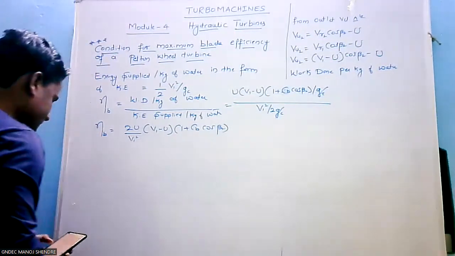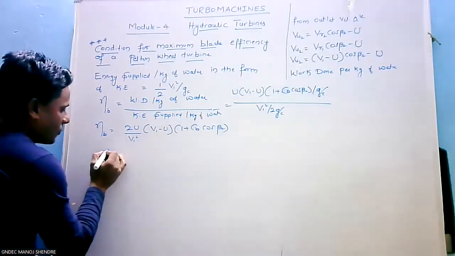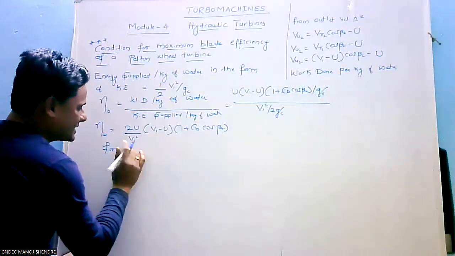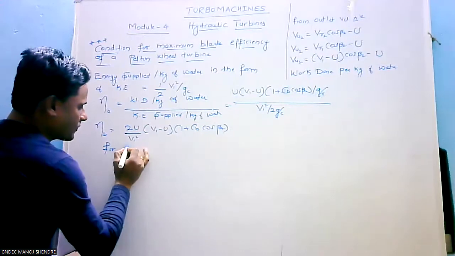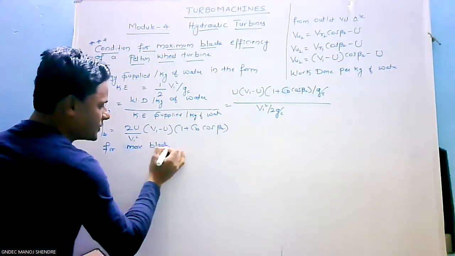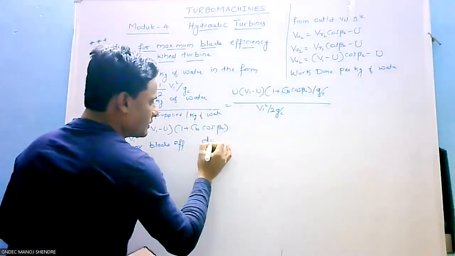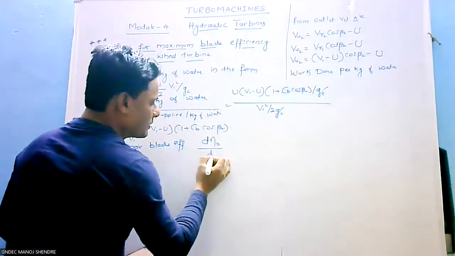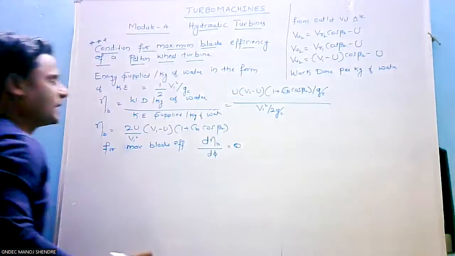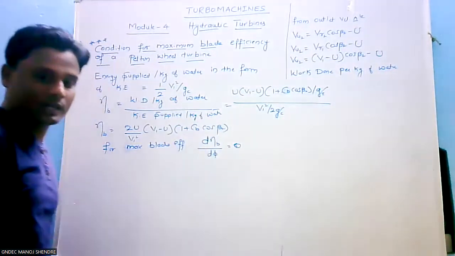Now here, for maximum blade efficiency, the differentiation of eta b with respect to phi should be equal to 0.